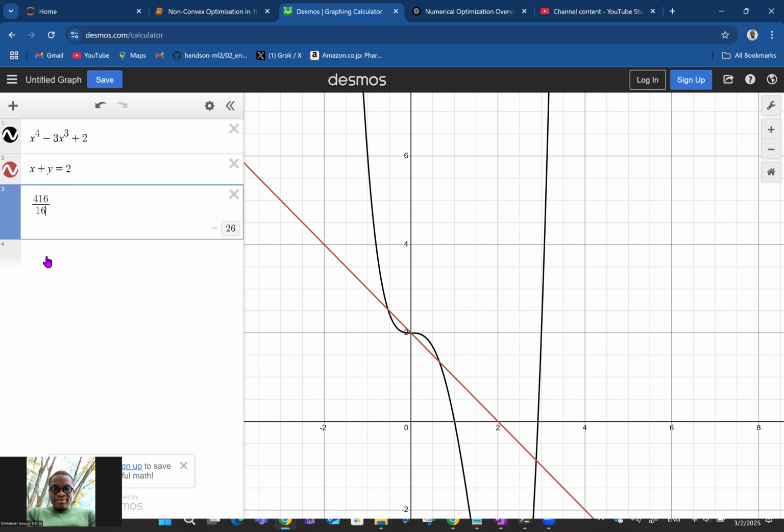Let me even do the original thing to be very sure that is correct. 416 over 16 is 26.